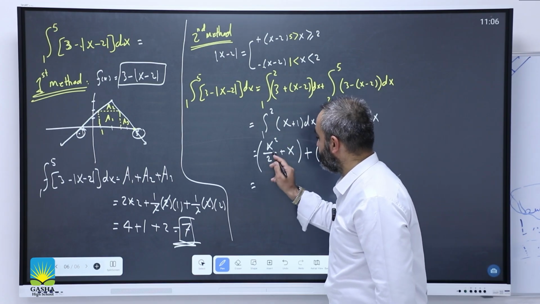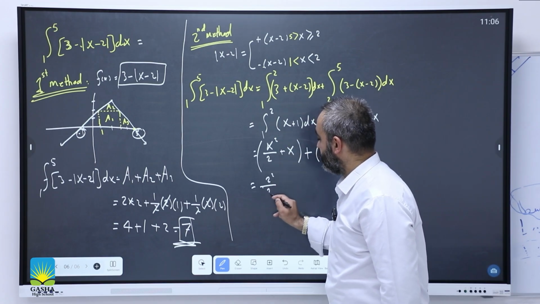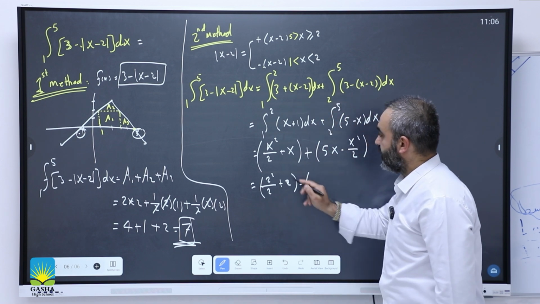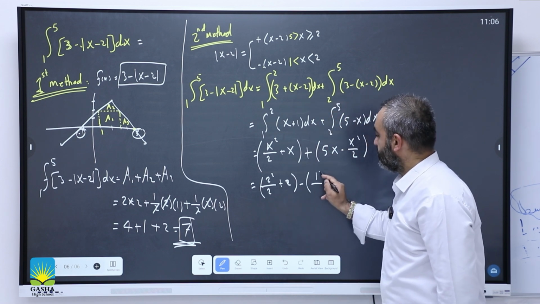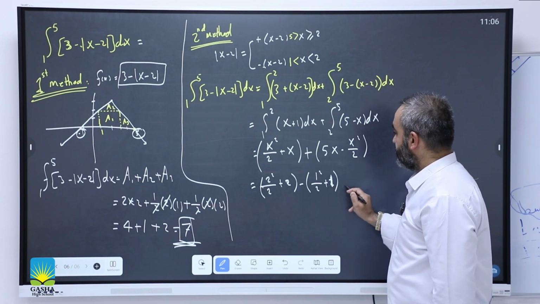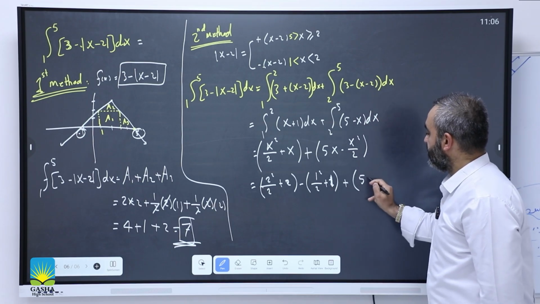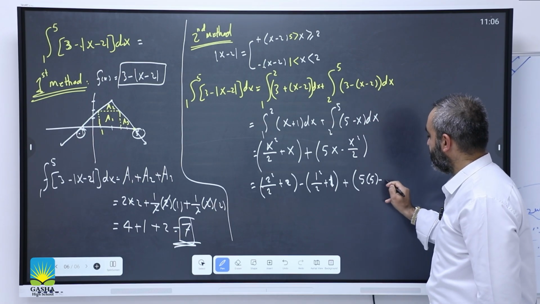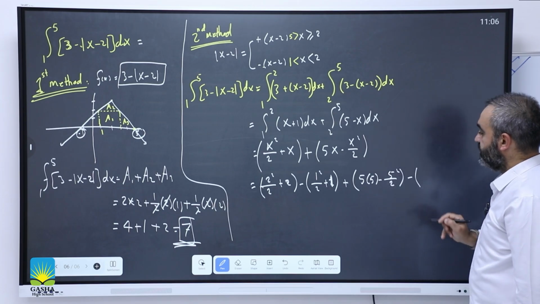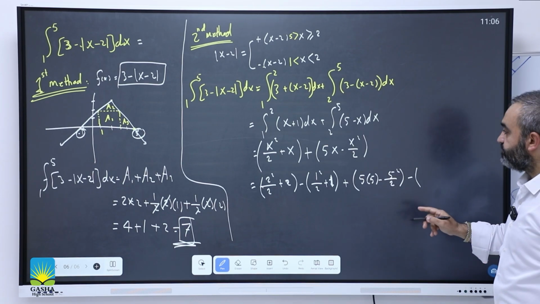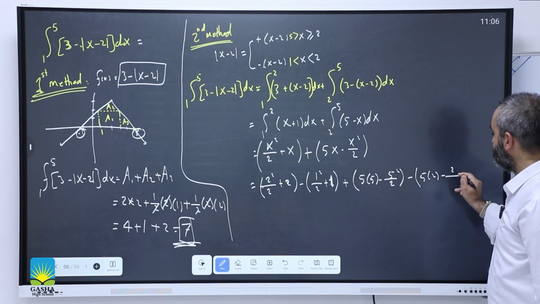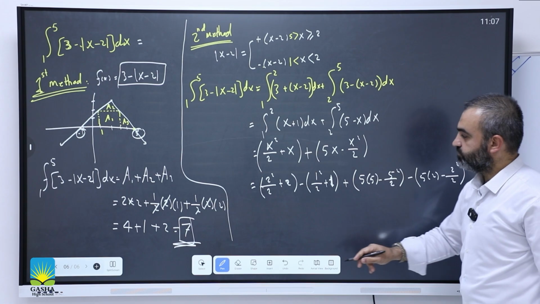So if we substitute, 2 squared over 2 plus 2, minus 1 squared over 2 plus 1, plus 5 times 5 minus 5 squared over 2, minus, and what about the 2? 5 times 2 minus 2 squared over 2.